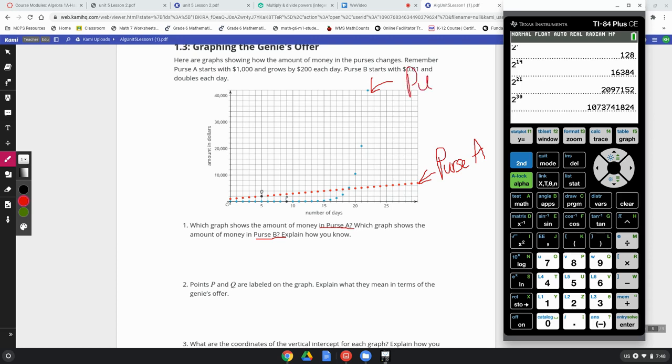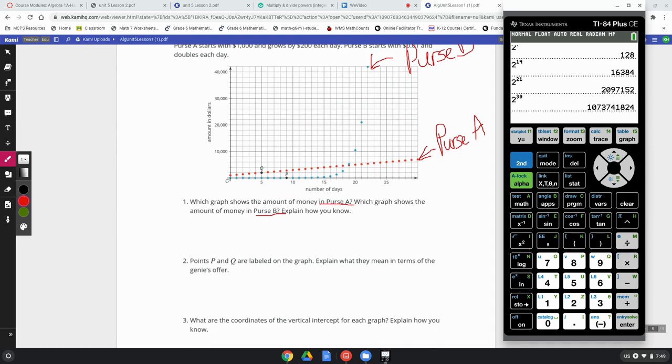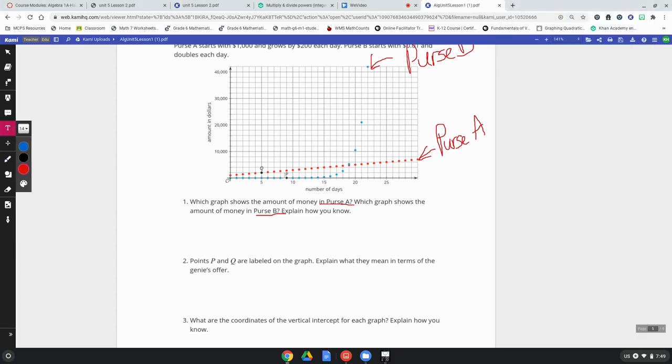Purse B with the exponential growth. Okay, so it started off with relatively slow-paced growth, and then all of a sudden it starts to grow at a really rapid pace. Points P and Q are labeled on the graph. Explain what they mean in terms of the genius offer. Right, so P is right here.